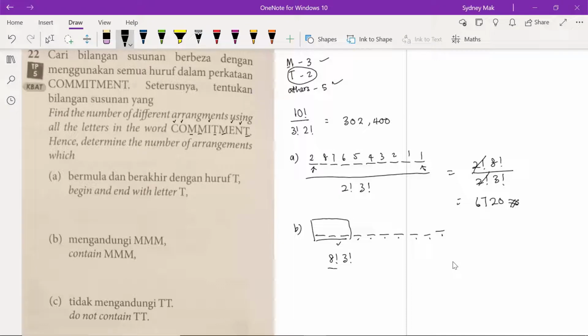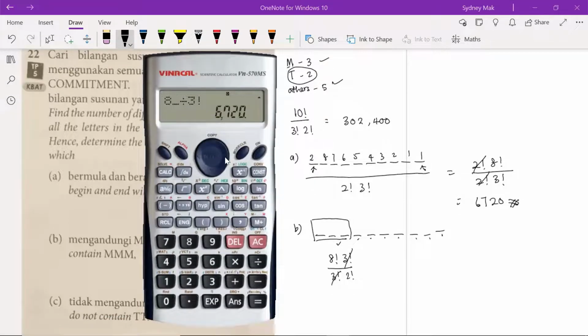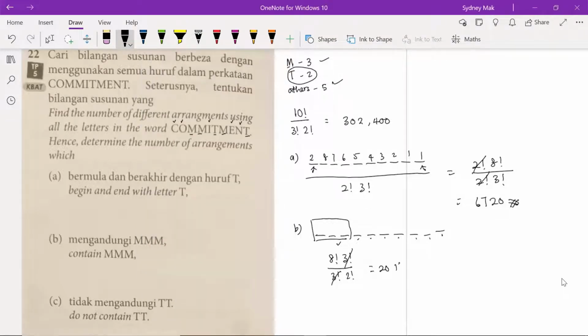And not forgetting, we have to divide by the identical M and identical T. That will be 3 factorial and 2 factorial. And simplify this. And we just take 8 factorial divided by 2 factorial. So we have 20,160 ways.